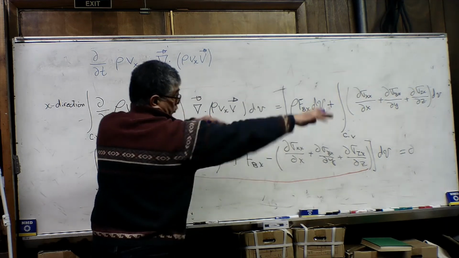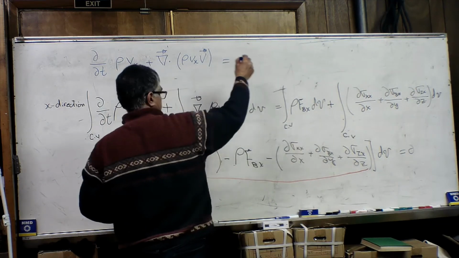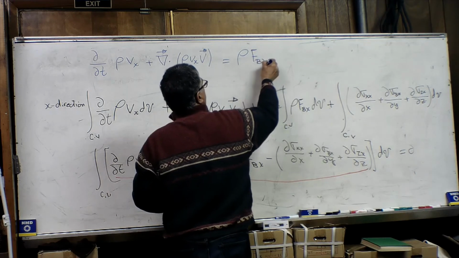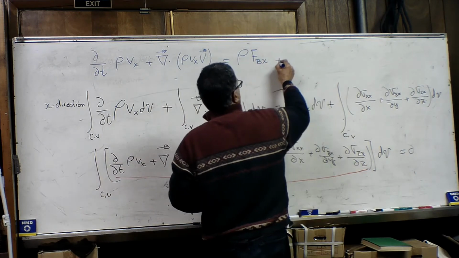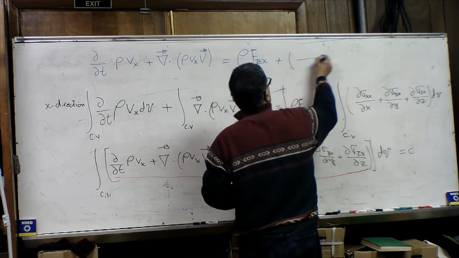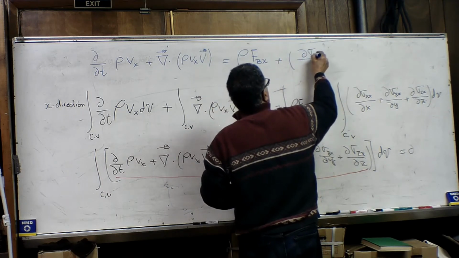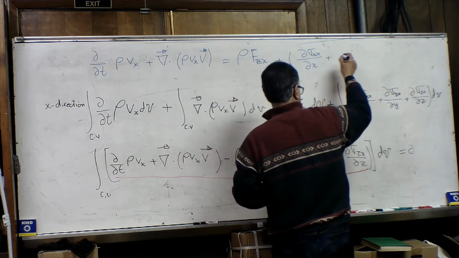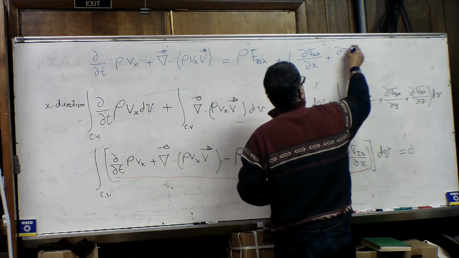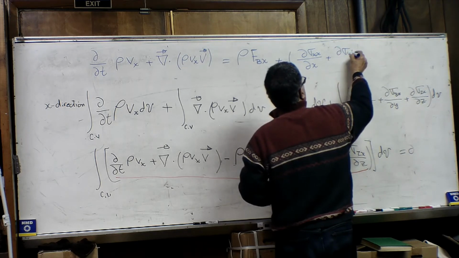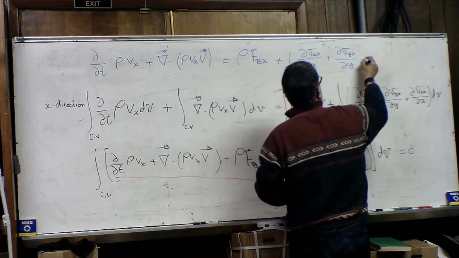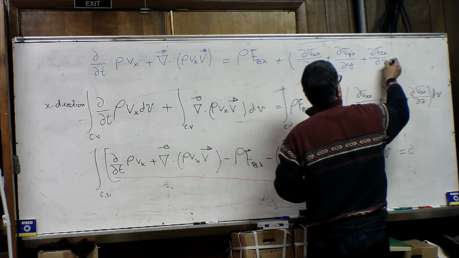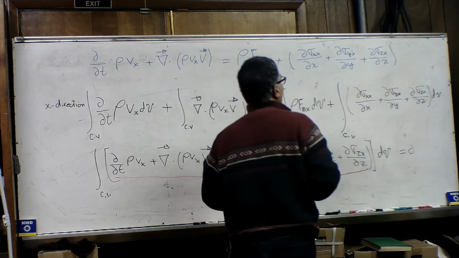We send this to the other side of the equation, equal to rho times body force in x direction, plus the partial derivative of sigma xx with respect to x, plus the partial derivative of sigma yx with respect to y, plus the partial derivative of sigma zx with respect to z. Okay.